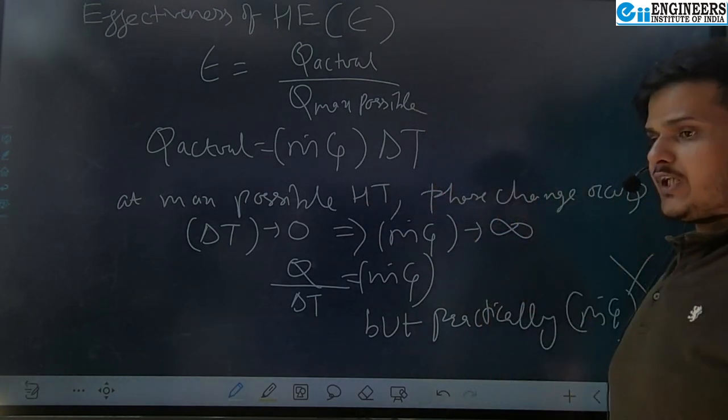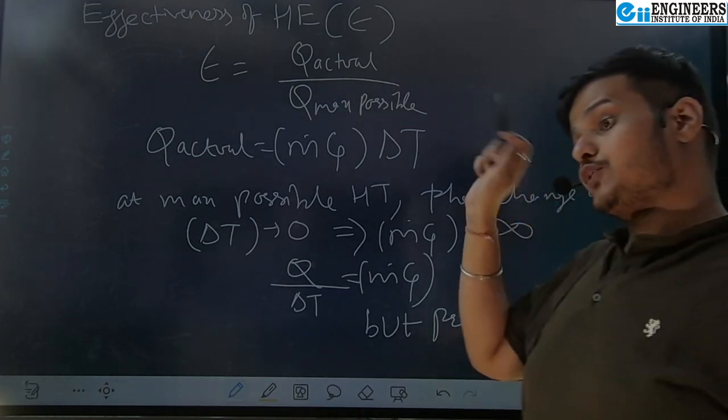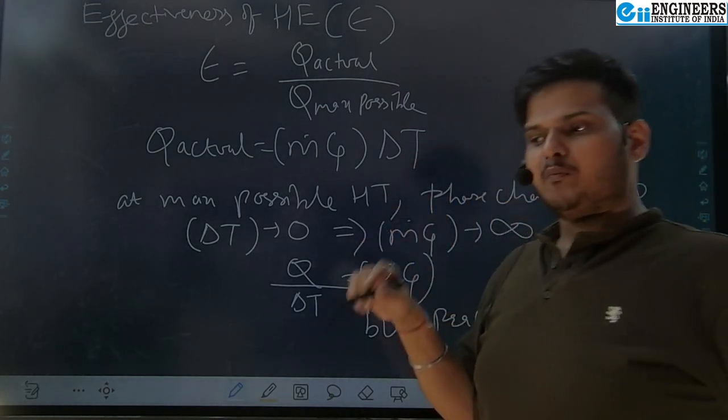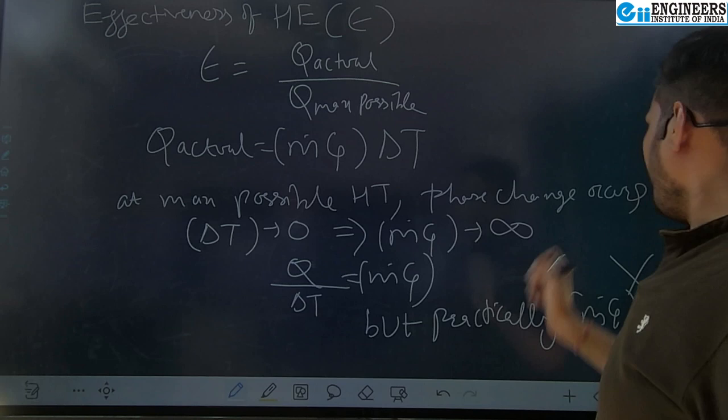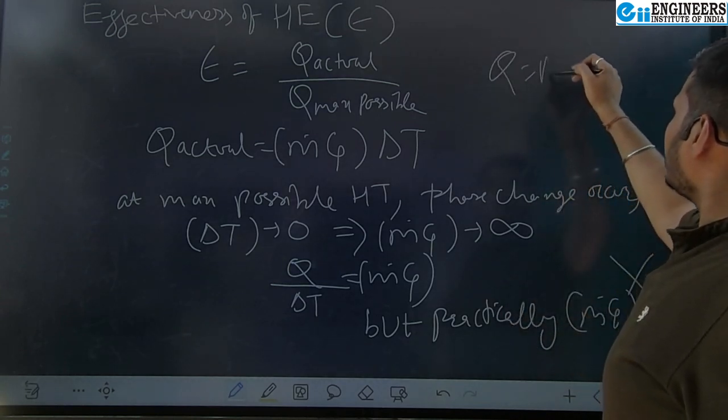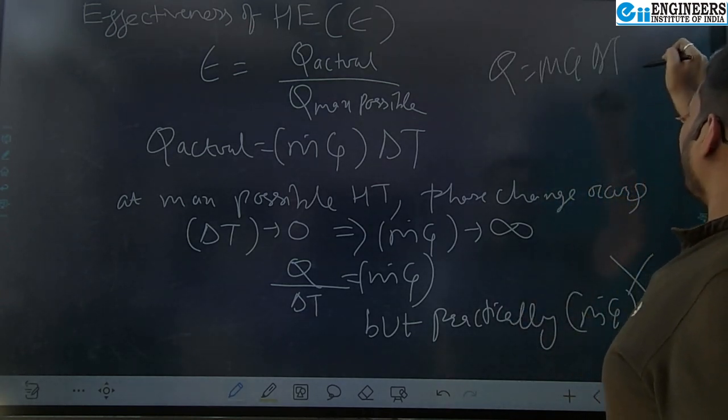If a phase change takes place, then the heat capacity tends to infinity, isn't it? Because the latent heat will come into the picture over here, and we know that this Q is equal to m Cp delta T.